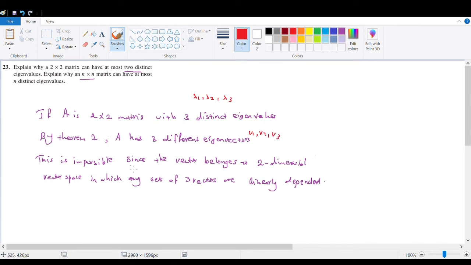And this will be impossible since the vectors belong to a two-dimensional vector space, because we have a 2 by 2 matrix, in which any set of 3 vectors is linearly dependent. We cannot have 3 vectors corresponding to 3 different eigenvalues for a 2 by 2 matrix. Similarly, if we have an n by n matrix, we cannot have more than n distinct eigenvalues.